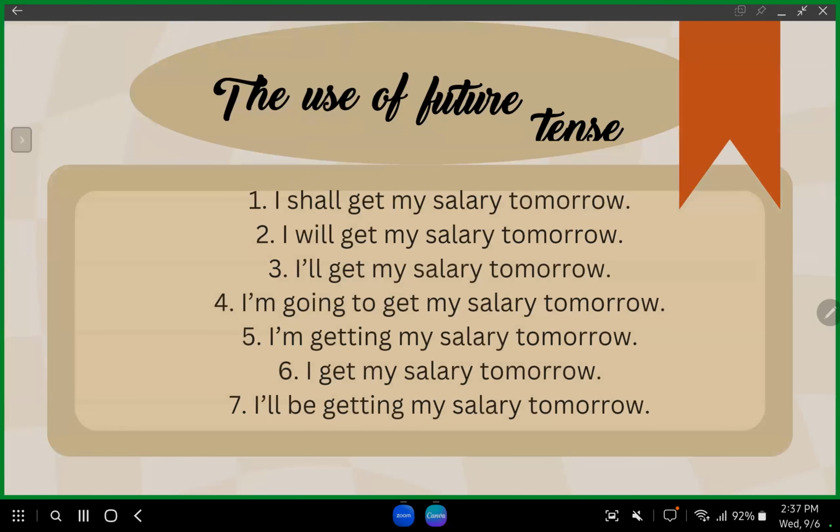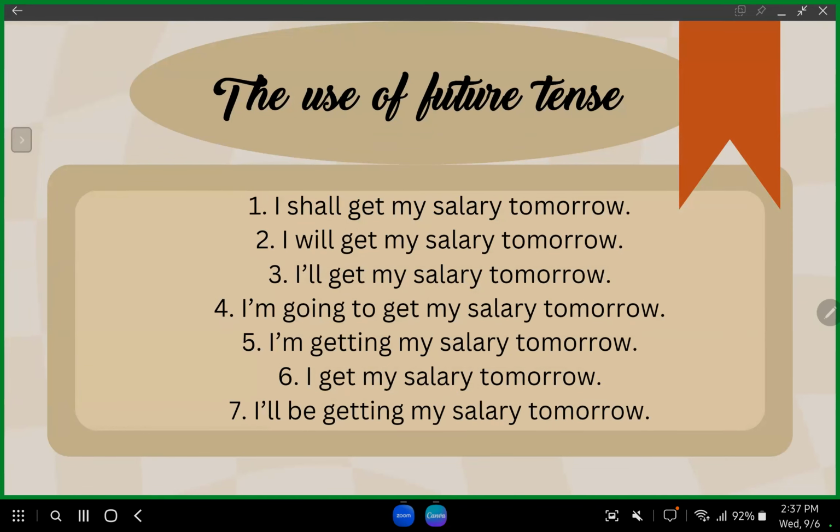When you look at these sentences, which two words do you think we use when we're talking about future tense?